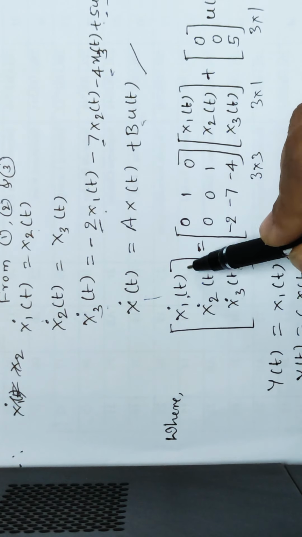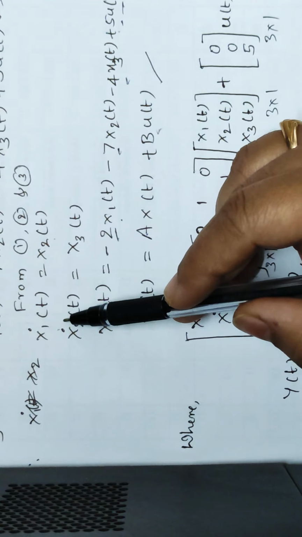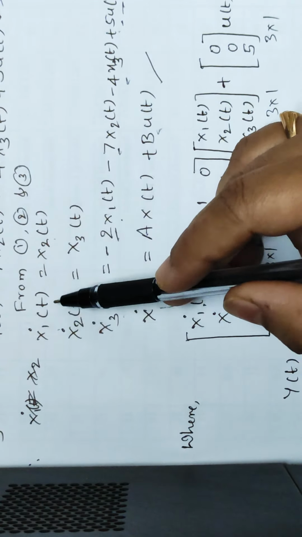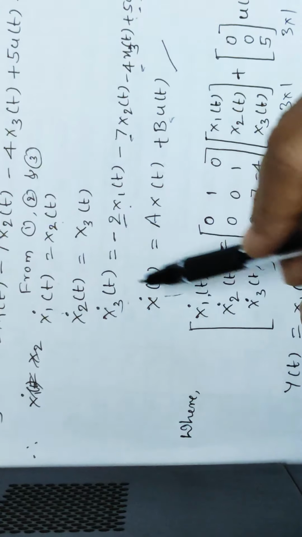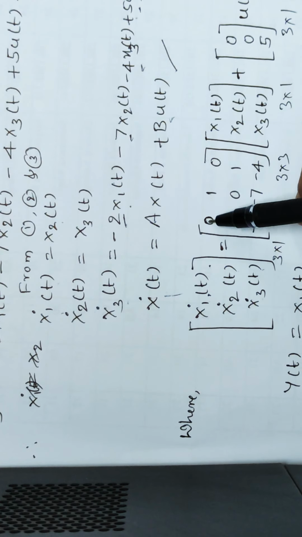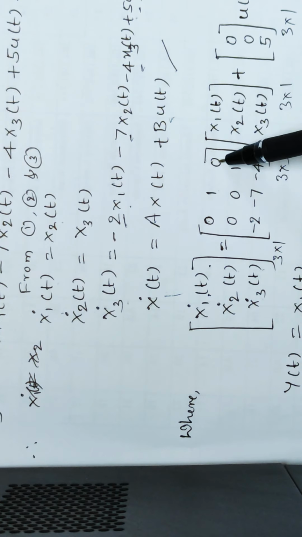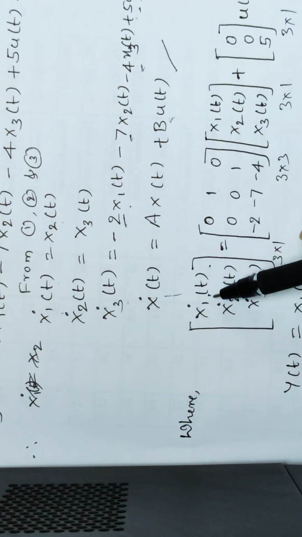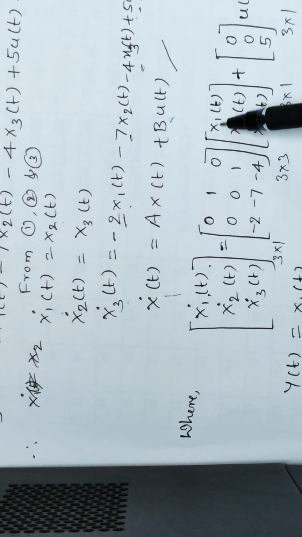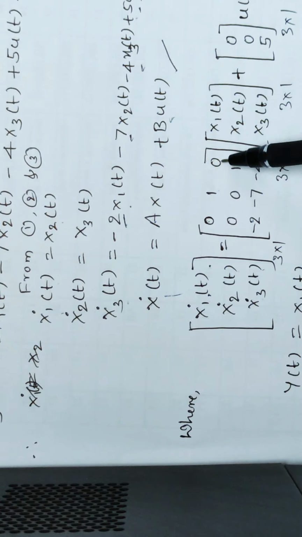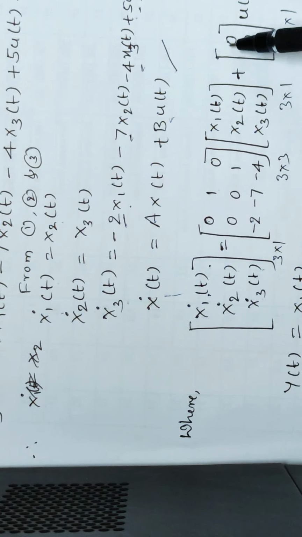Therefore, see here, x1 dot is equal to, x1 is 0, only x2 is there, x3 is 0, input is 0. Therefore, x1 dot is equal to 0 into x1, 1 into x2, 0 into x3 plus 0 into u.